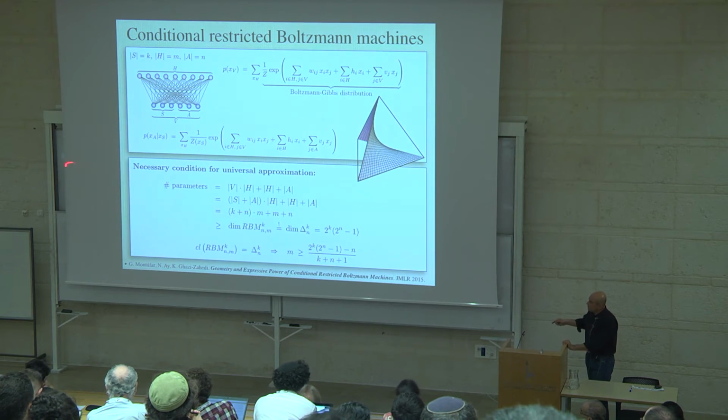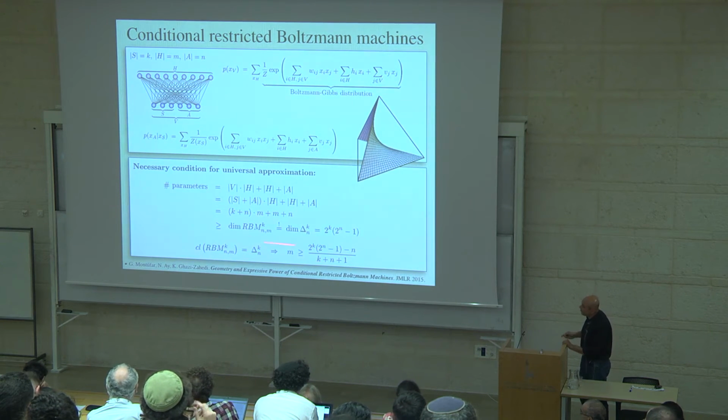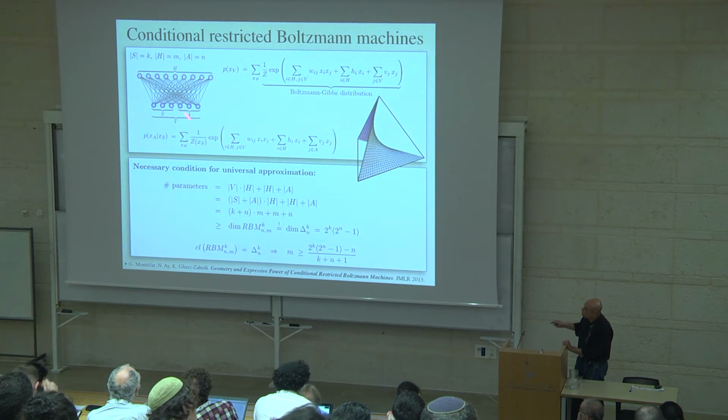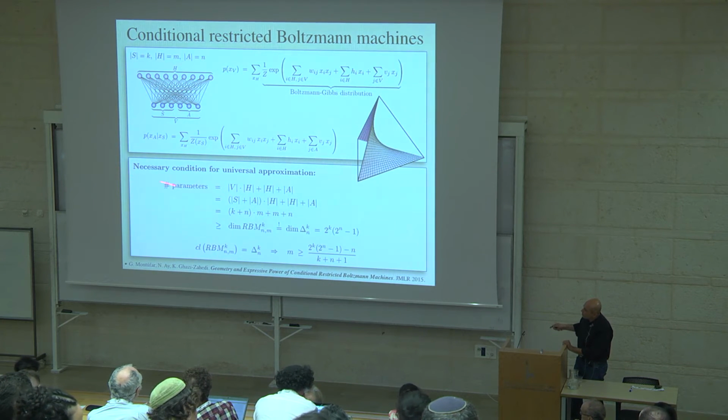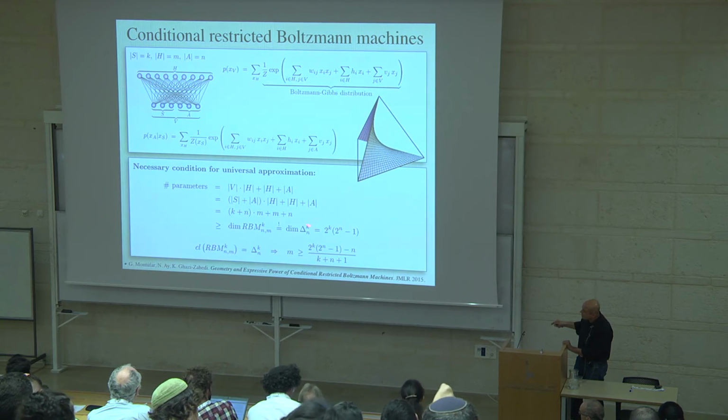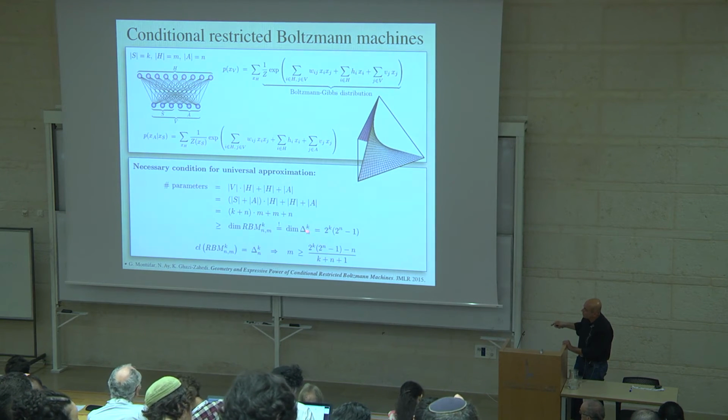And this is actually a simple implication. In order to have universal approximation, in order to fill all the space of conditional probability distributions living on these visible nodes, the number of parameters has to exceed the dimension of the polytope of all Markov matrices from k binary units to n binary units.